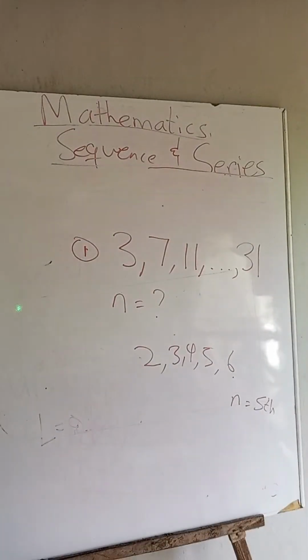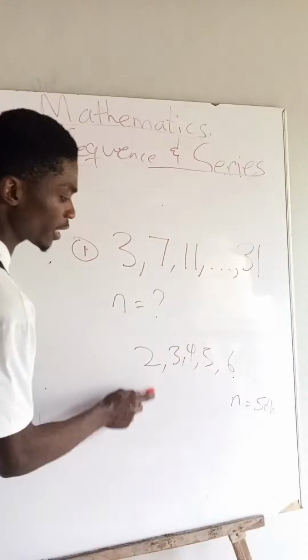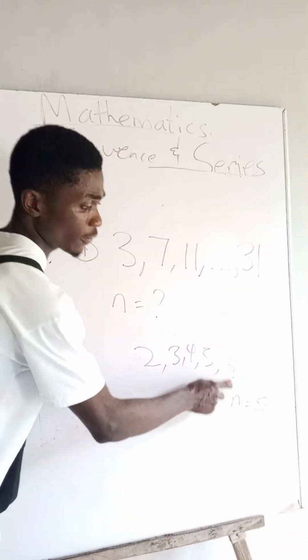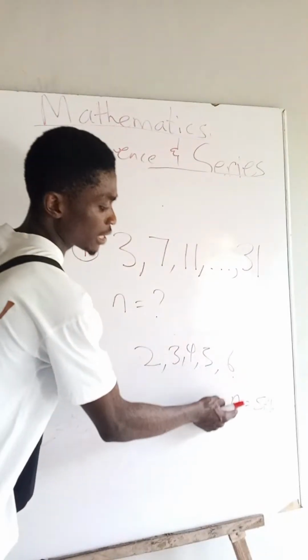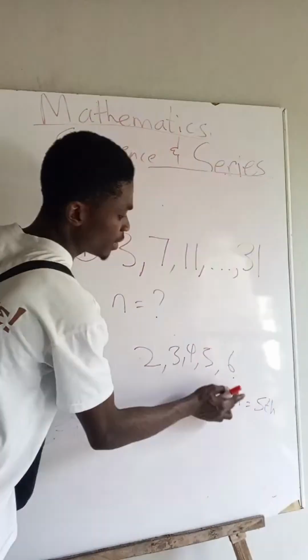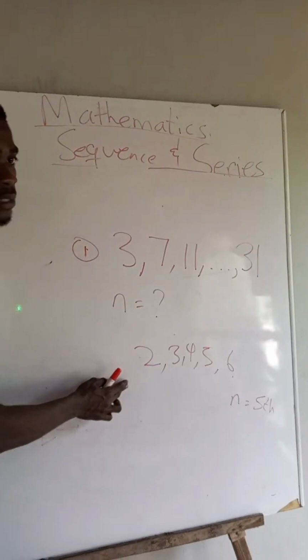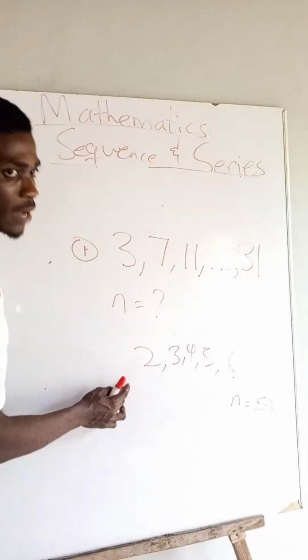True or false? True. So this is 1st, 2nd, 3rd, 4th, 5th, right? So since it's in the 5th position, how many terms are here? 5. Good.